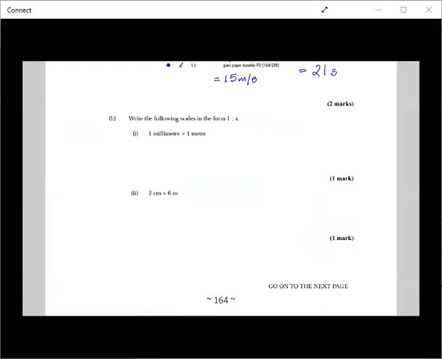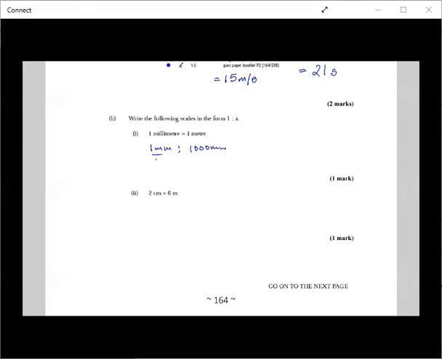The B part of the question says, write the following scales in the form 1 to x. So we're going to write our scale in colon format. All right, a scale has no unit. So to get rid of the units, we need to have both units the same unit on both sides. 1 meter is 1,000 millimeters, so this is 1 millimeter to 1,000 millimeters.